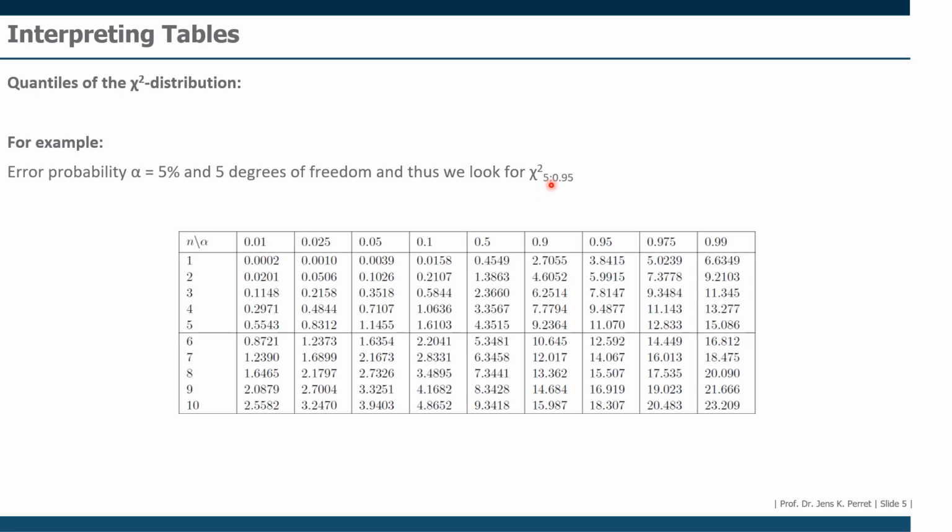If we take a look at the table, this looks really familiar as compared to the one from the t-distribution. And it's actually used in exactly the same way. In a column, we're going to look up the probability, and in the row, we're looking up the degrees of freedom. So here, we're going to this row, the 5, and that column, the 0.95.